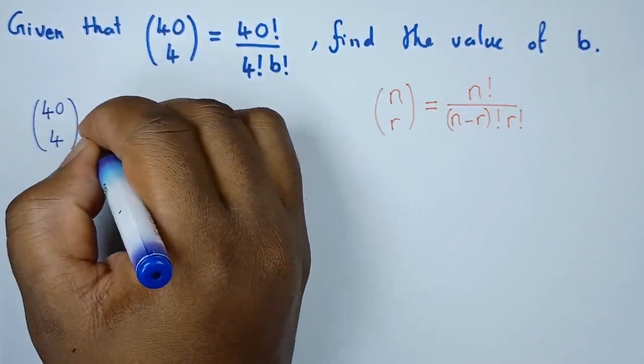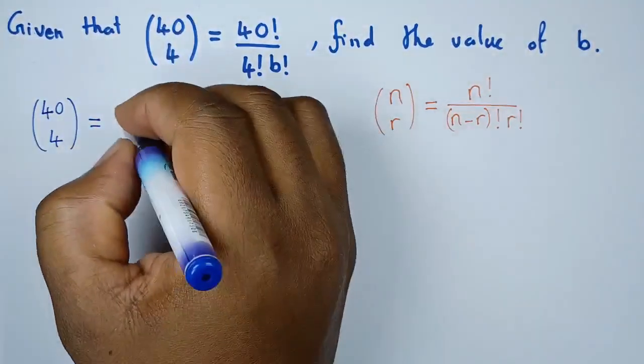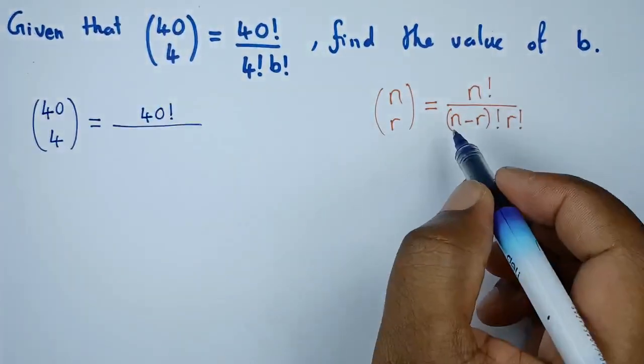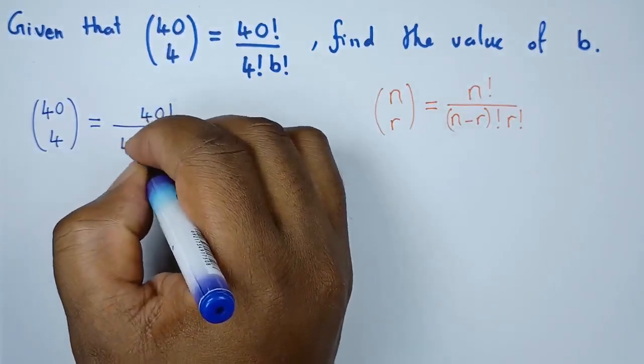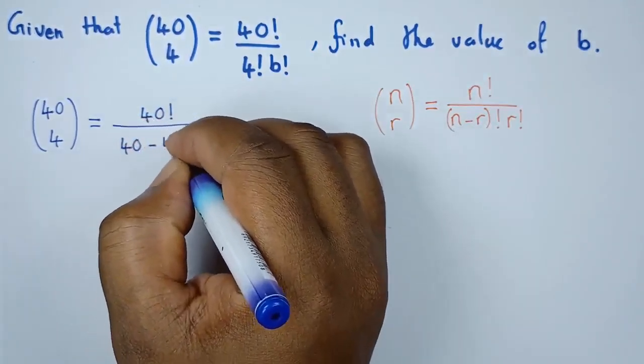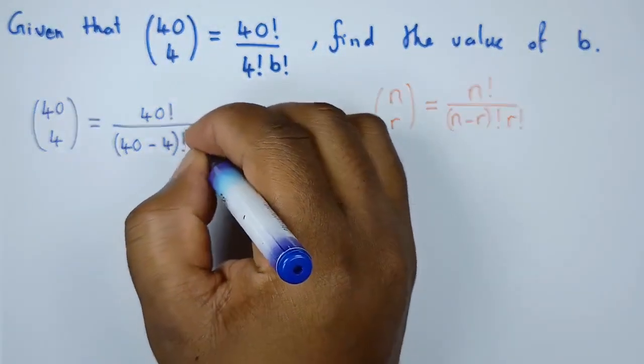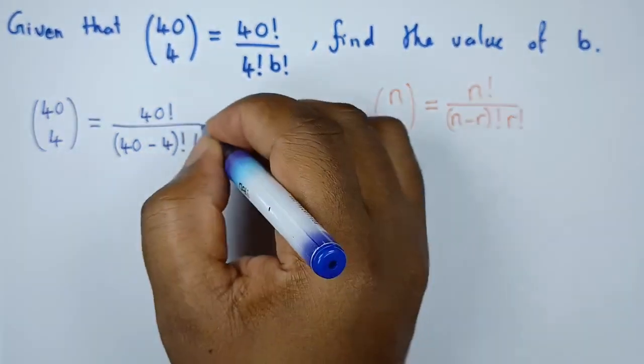So all this is equal to 40 factorial divided by 40 minus 4 factorial, and r factorial is the same as 4 factorial.